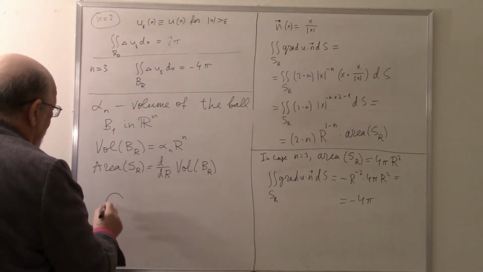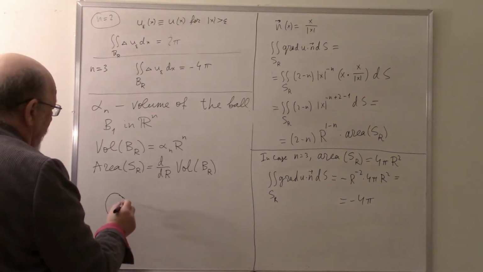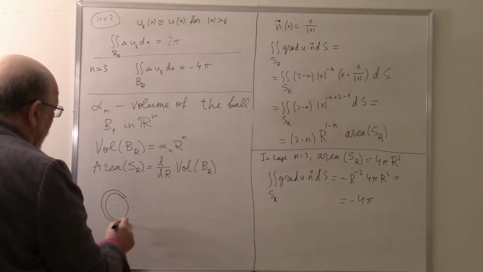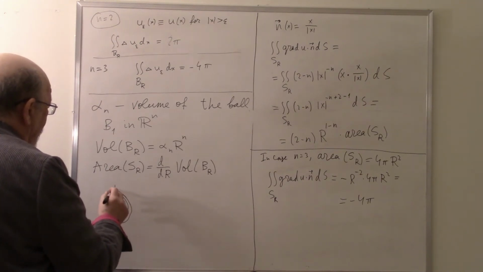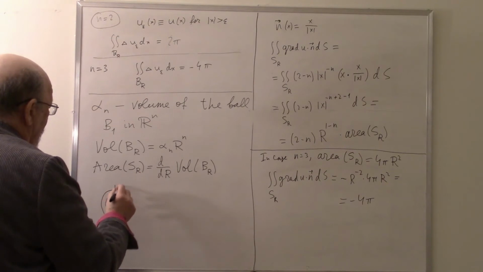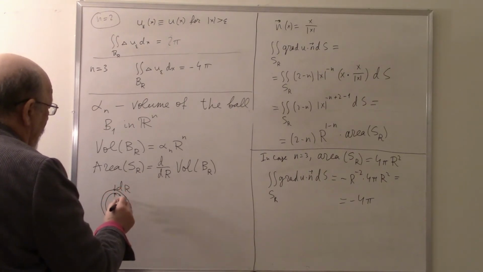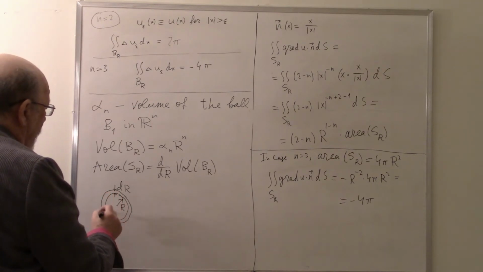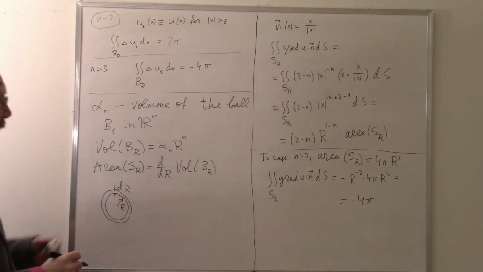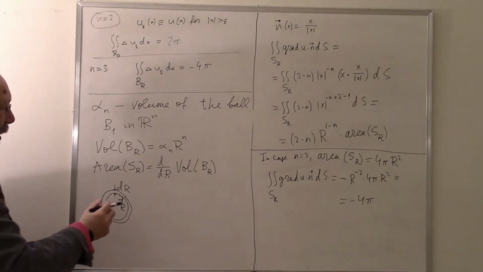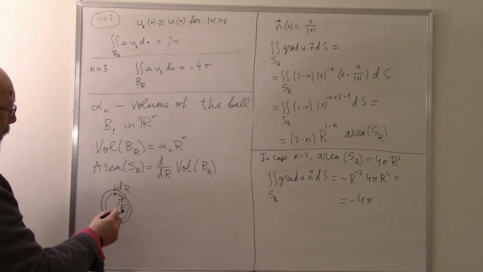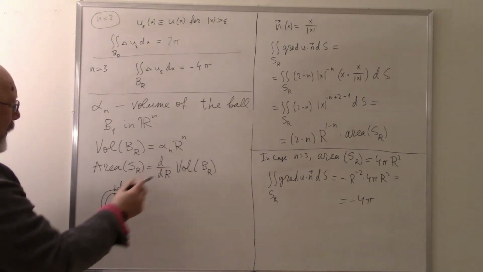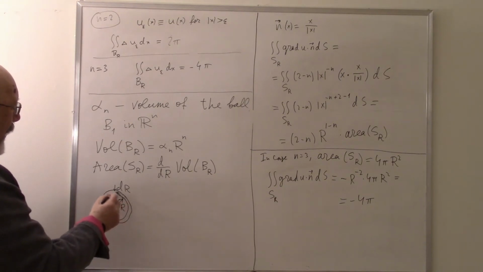If you take this ball of radius r and this ball of radius r + dr, the increment of volume when r goes to r + dr is equal, on one hand, to this derivative, and on the other hand, to the area times the thickness.